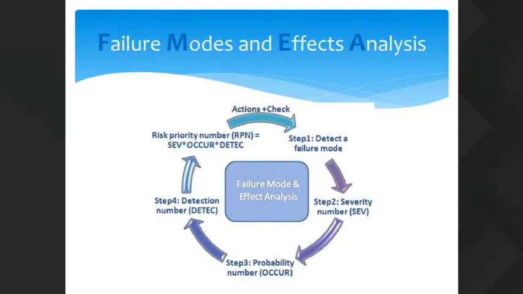As you go around the circle, you obtain these RPN numbers, and then you decide which are the high-risk values versus the low-risk failure modes, and you can take actions. Then later on, maybe 6 months or a year later, you do the same thing over again, and you can check how well you've been doing.